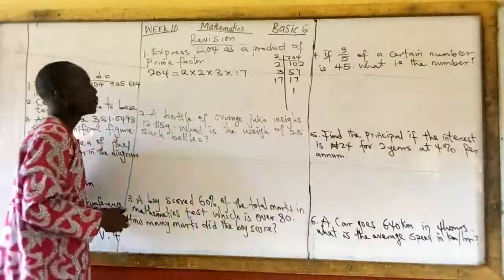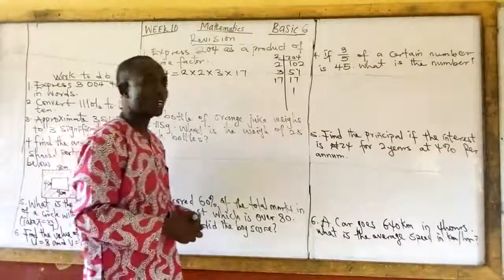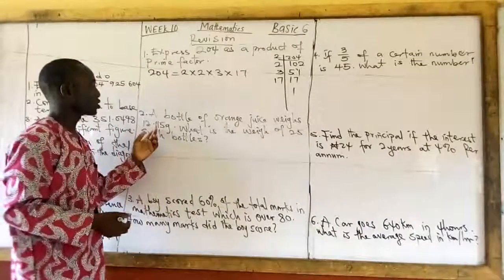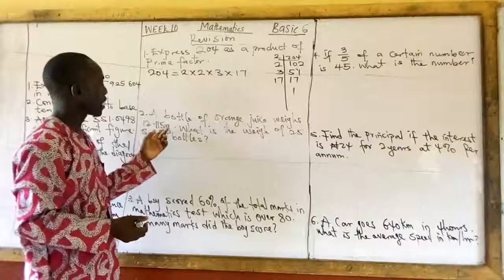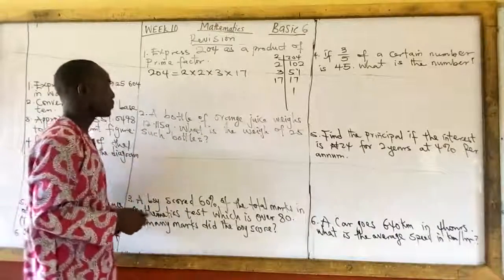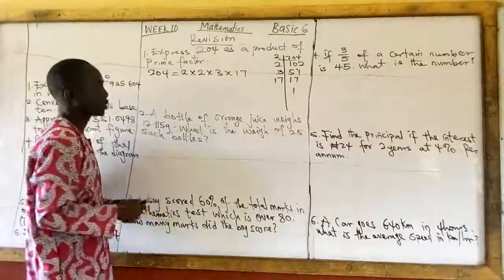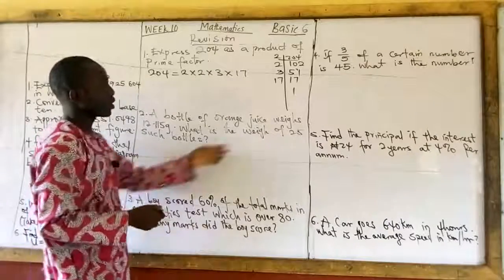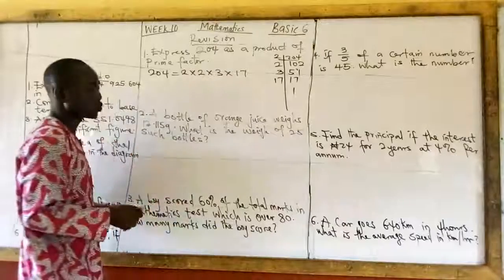Number 2. A bottle of orange juice weighs 12.115 grams. What is the weight of 25 of such bottles?